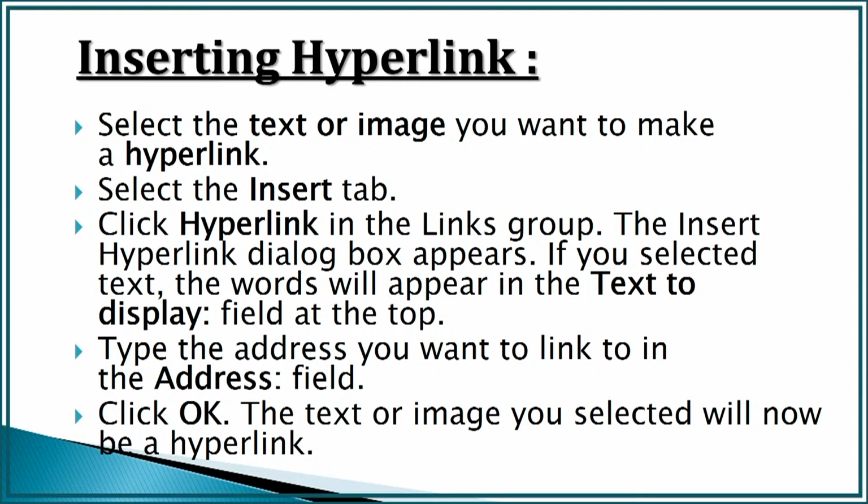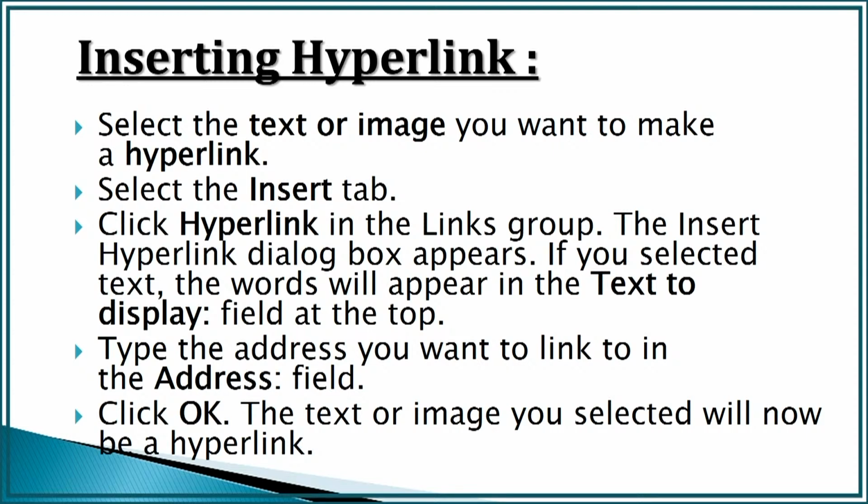We can also insert a hyperlink in the document. A hyperlink creates a link from one document to another document, or to another place in the same document. We first select the text or image where we want to create the hyperlink, and then go to the Insert tab. There we have the Hyperlink option in the Links group.